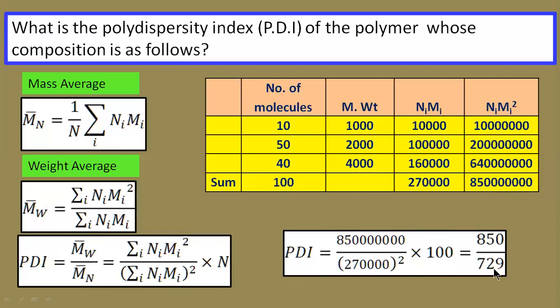I kept this in this form because in the question paper it was given like this. Okay, so this is the way you get the polydispersity index. You need to know how many molecules, and what are the masses of each molecule, and then the formula will do everything for you.